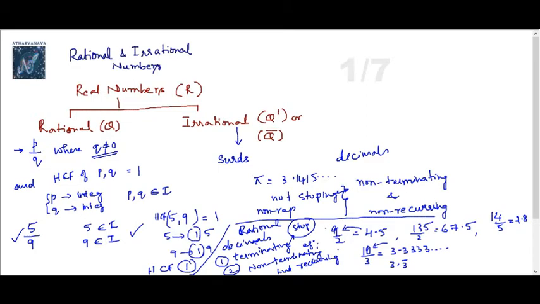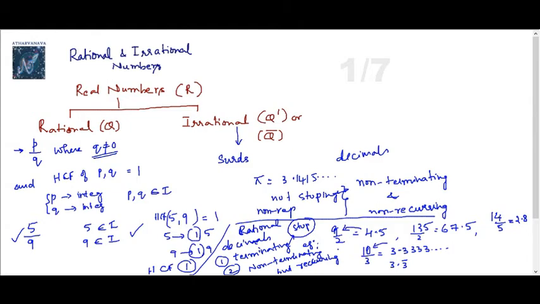Okay, right now if you check 9 by 2, 9 and 2 have the common factor of only 1. If you take 135 and 2, still the same. 14 and 5 still the same. It doesn't mean that it should be an odd number always. See this example, 14 and 5, one is an even number, one is an odd number. That doesn't matter whether it is even or odd.